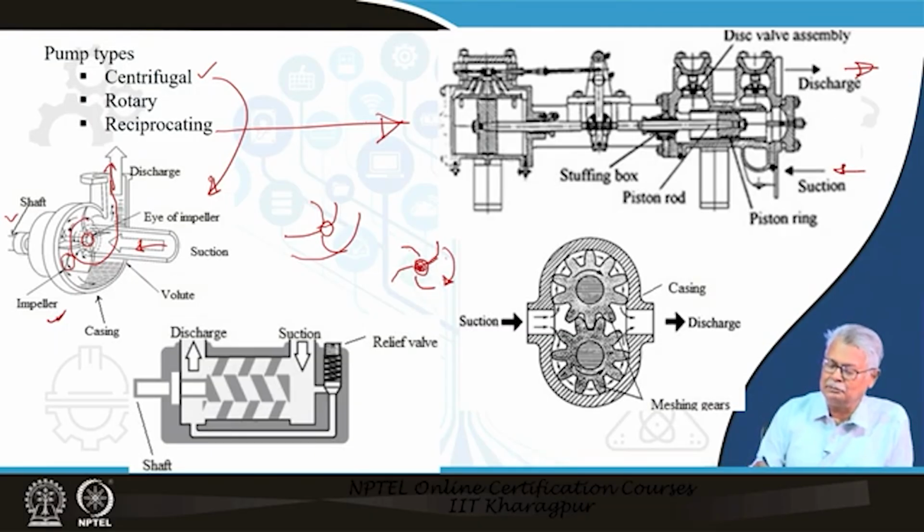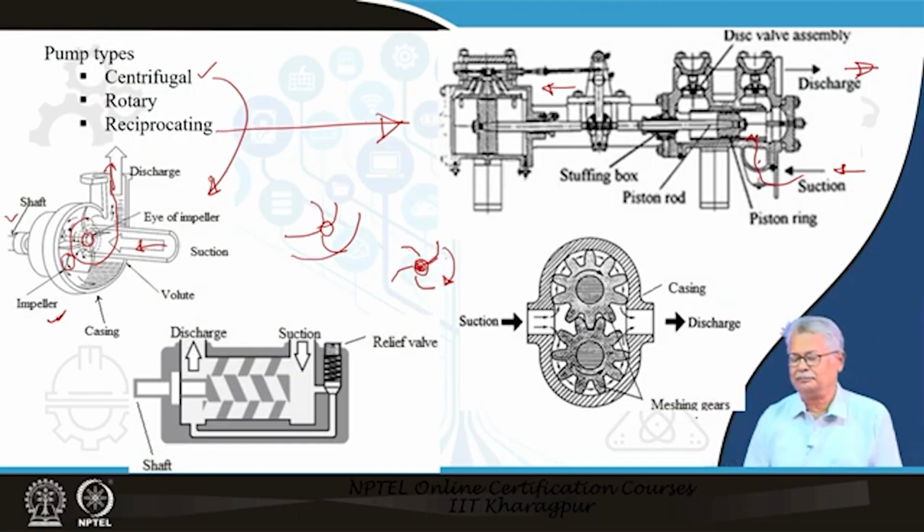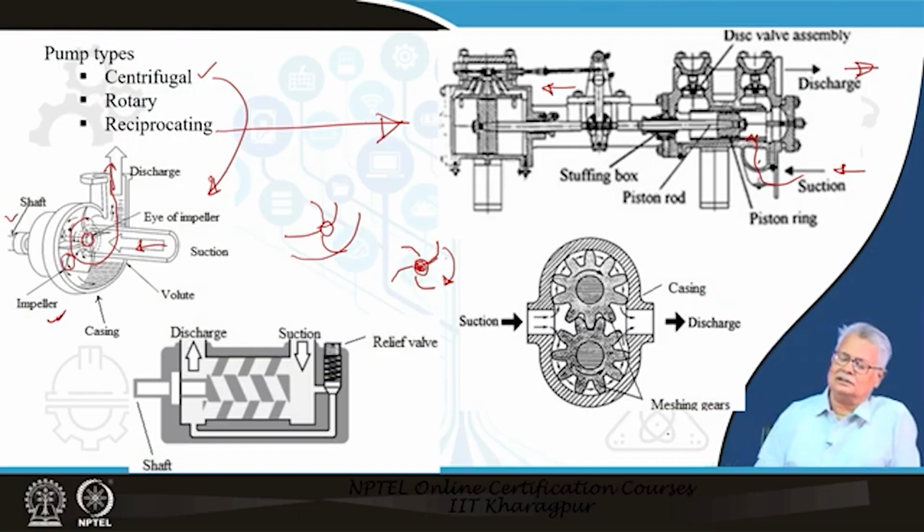When this moves to the left, the suction material gets sucked in, and when it reciprocates back to its original position, a valve will shut here and the liquid will come out through the discharge. This is very common.